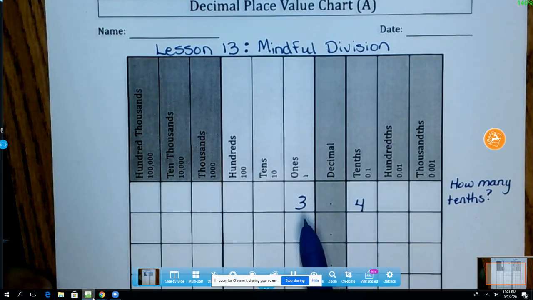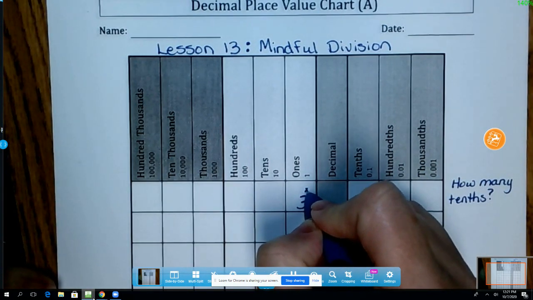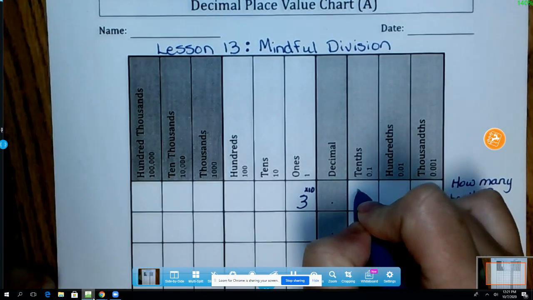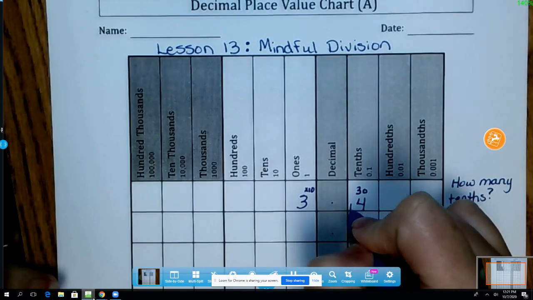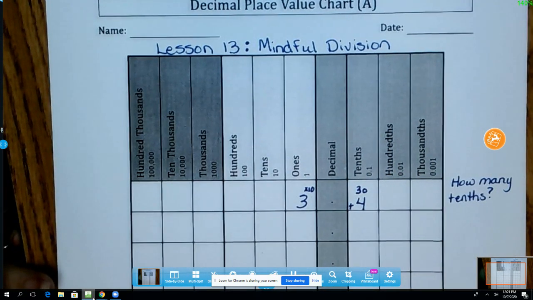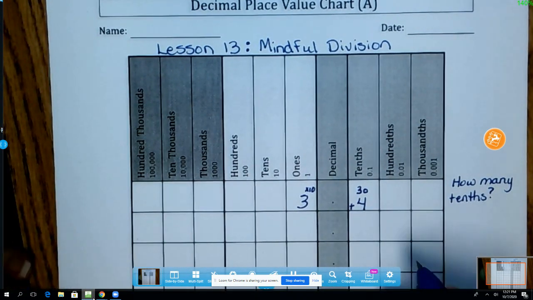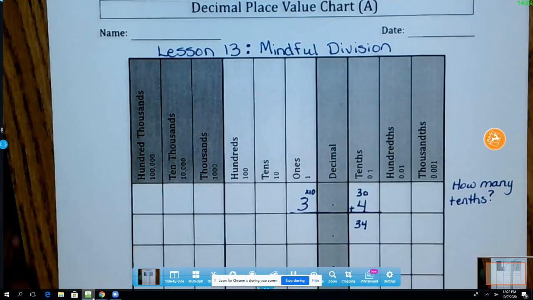And so if I have 3 here, if I multiply that times 10, then that tells me that it would be 30 tenths plus the 4 I already had. And so 3 and 4 tenths would be the same as having 34 tenths. This is going to be helpful when we're dividing.